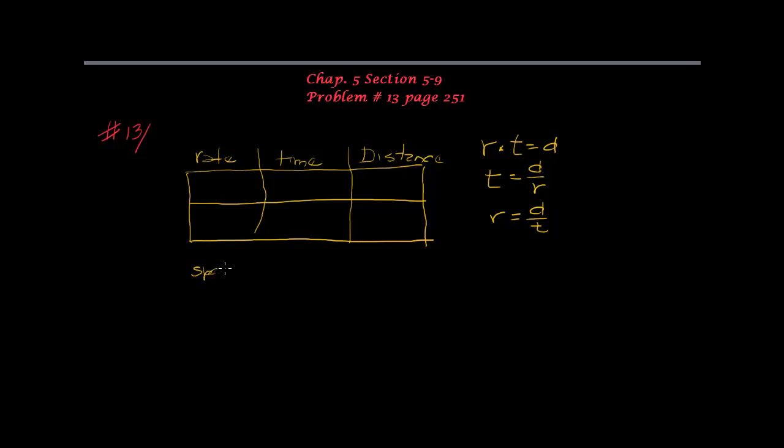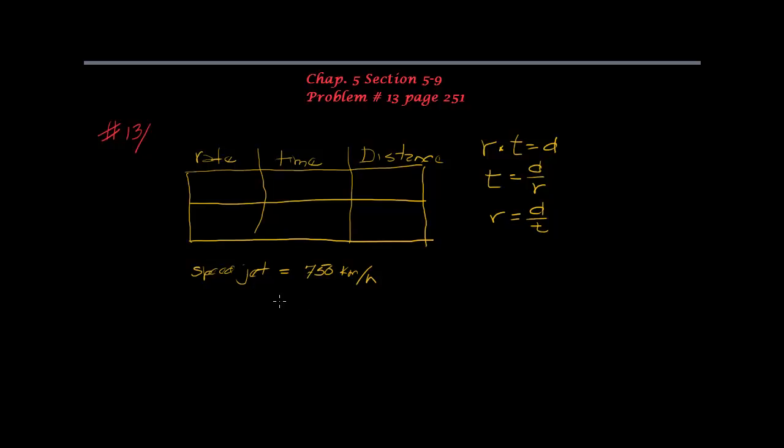Speed equals 750 kilometers per hour. Of course, that's a rate. Now, that's an airspeed, and that is without the effects of the wind.